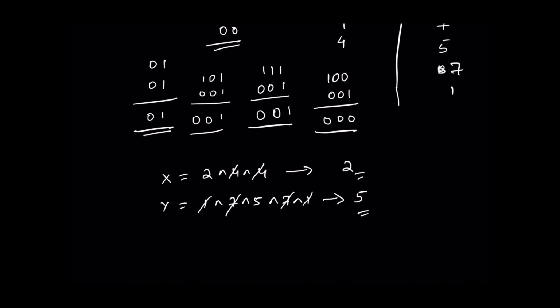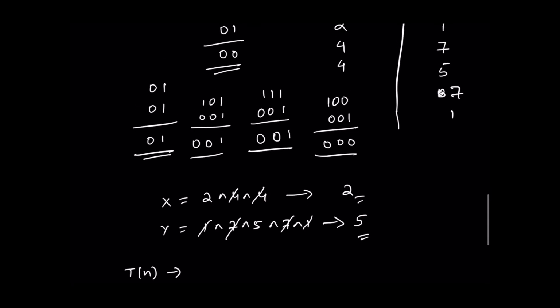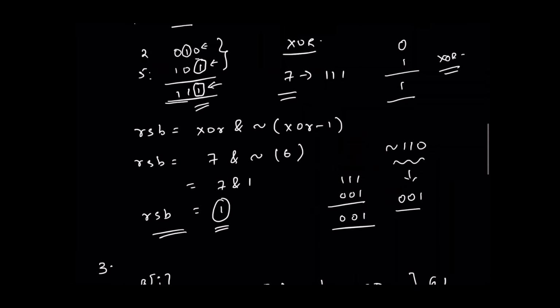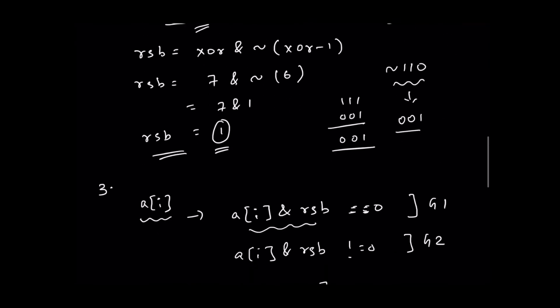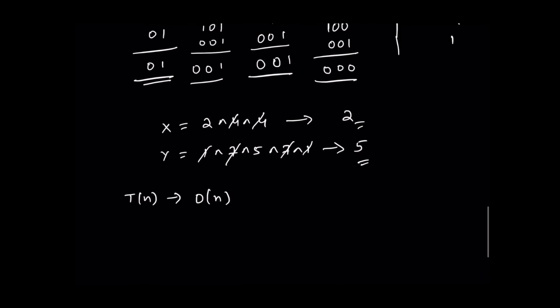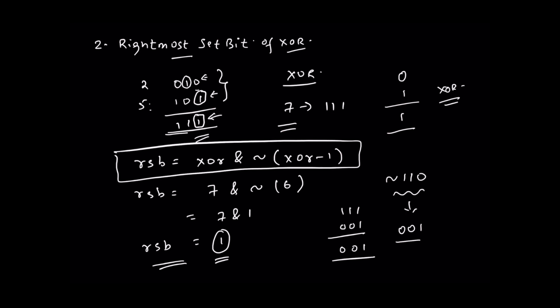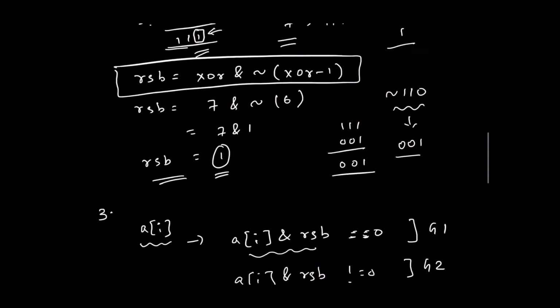Overall, the complexity of this approach would be, first of all, big O of n to find the XOR. Remember, at step 1 we were finding the XOR. Then to find the rightmost set bit, since this is a mathematical formula, it will take big O of 1, so we don't need to run a loop or anything like that.